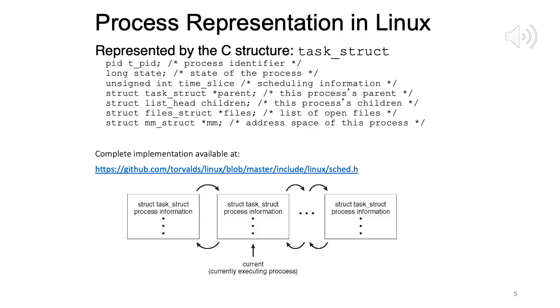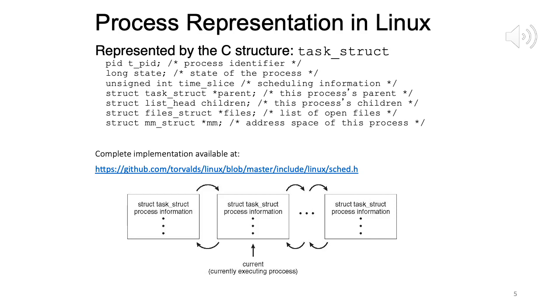So in case you are interested, you are encouraged to check out the complete contents of this Linux process control block. The website is github.com/torvalds/linux/blob/master/include/linux/sched.h. So this shows the complete definition of task_struct.